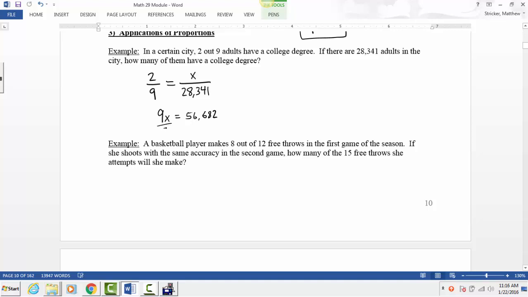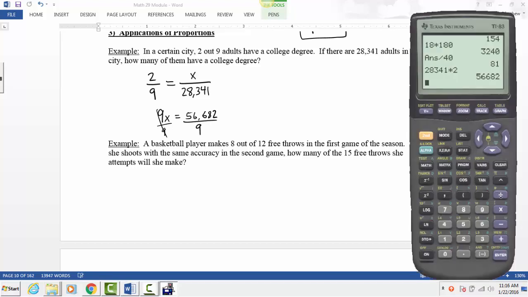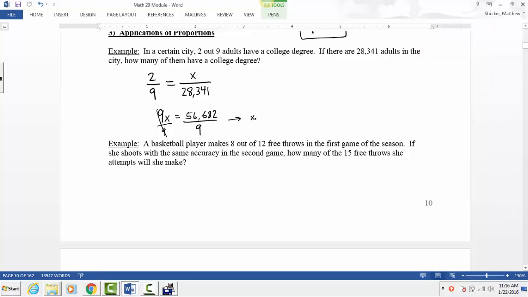And then we divide by 9. Come back over here, divide that by 9. We get 6,298. So x equals 6,298 adults have a college degree in this particular city.